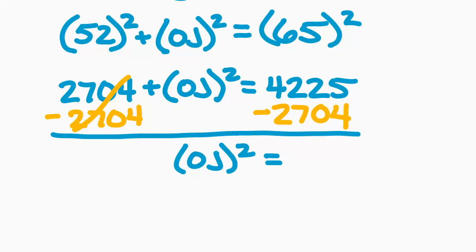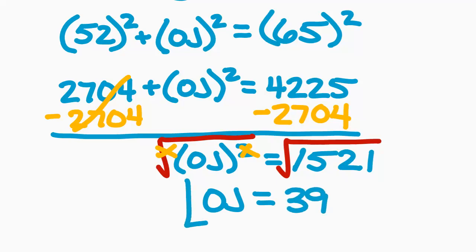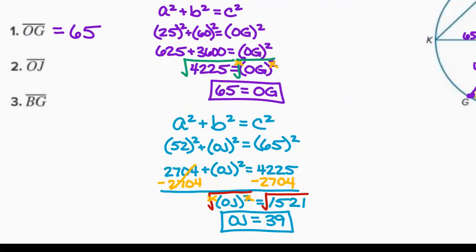What do we get when we subtract those two? 1521. And then we square root both sides to make our squared cancel out. And that gives us that OJ equals what? 39. So segment OJ has a length of 39.